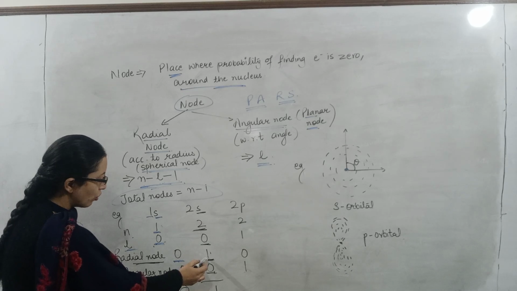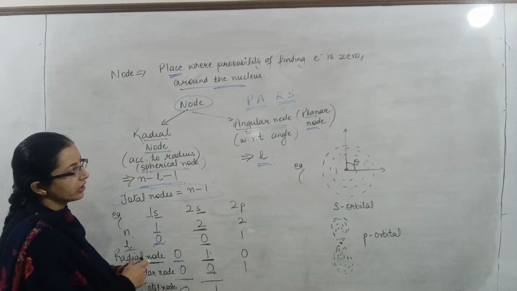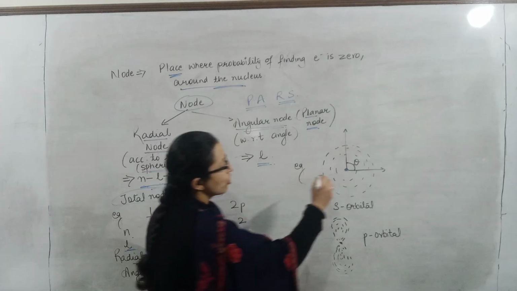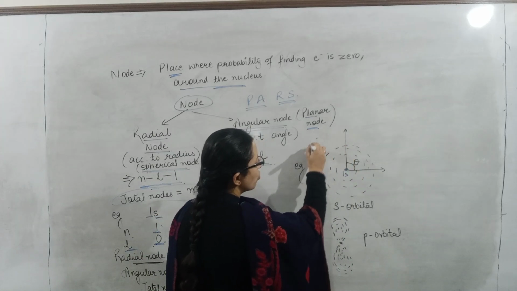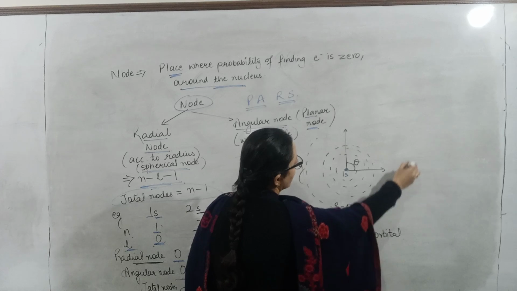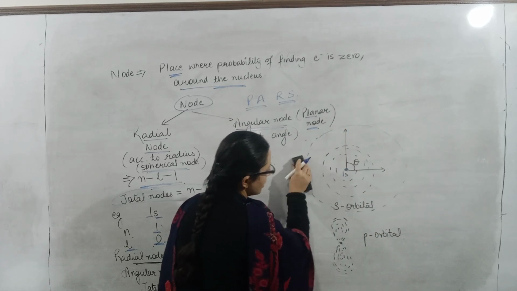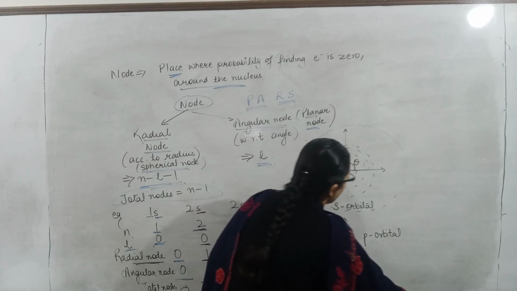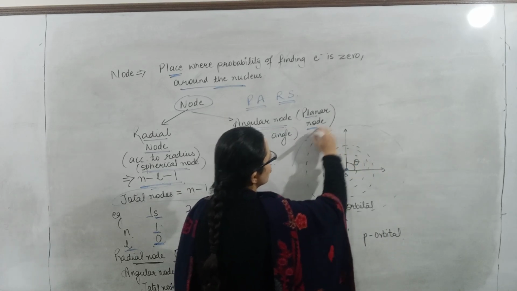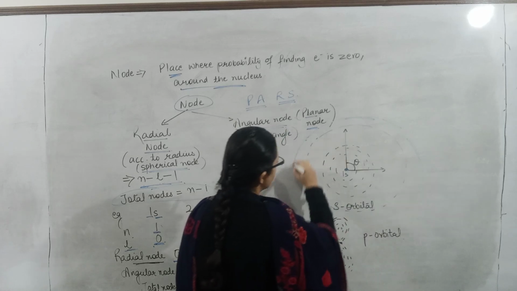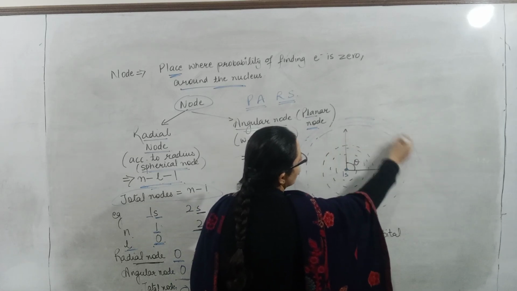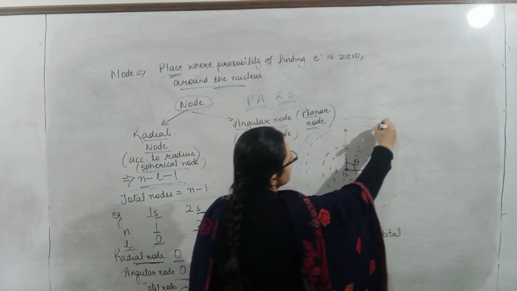अब ये 1 कौन सा नोड है? रेडियल या स्फेरिकल. ठीक है, तो जैसे ये 1s ऑर्बिटल है, सो 1s और 2s के बीच में एक रीजन या स्पेस होगा where there will be no electron density. राइट, सो 1s और 2s के बीच में इस तरह से, suppose here we have electron density. So this is 1s and this is 2s.